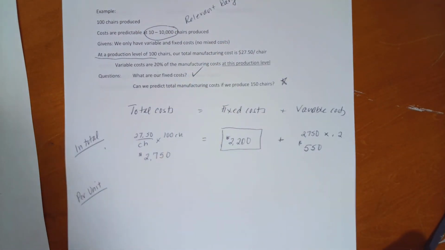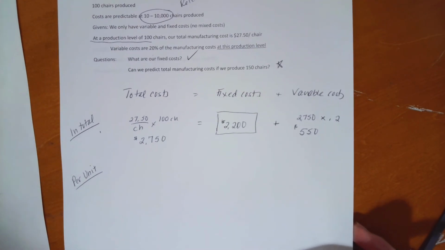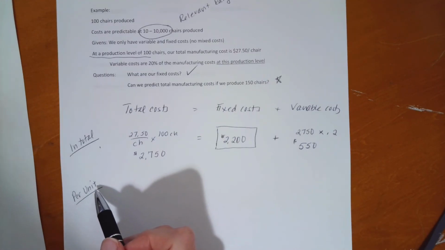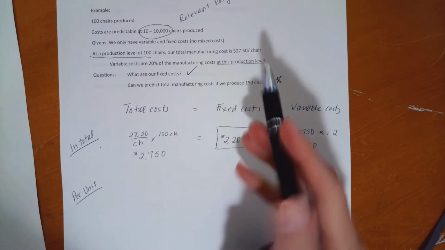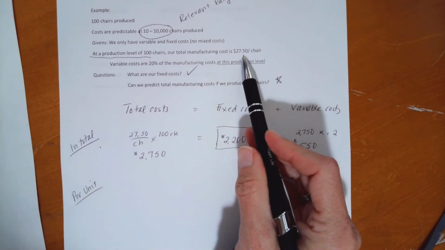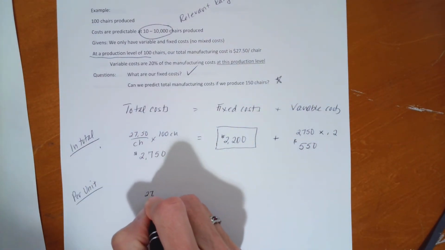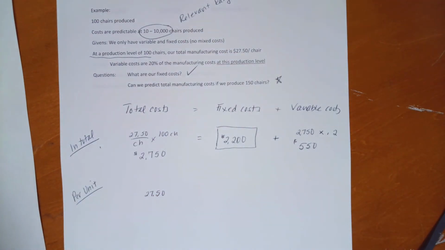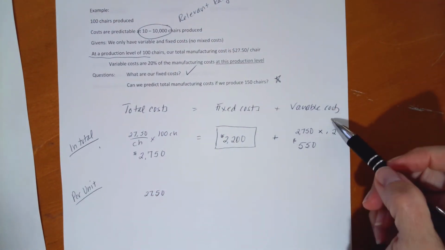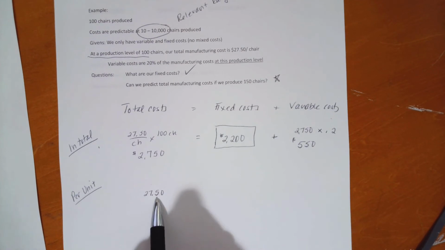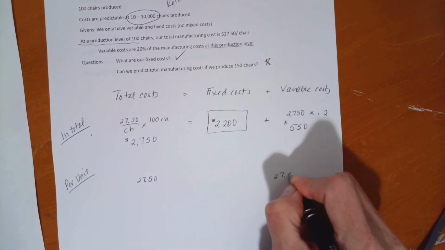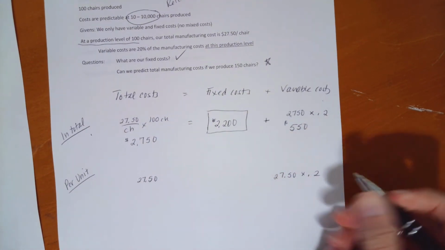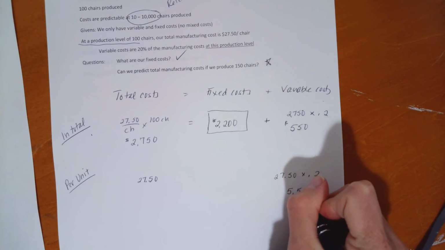Okay? So that's this, taken care of. We can also do it by per unit. So let's look at it per unit. So our per unit total cost, they told us up here, is $27.50. Okay. They told us our variable cost is 20% of this number, right? So we can take the $27.50, multiply it by 0.2, and you get $550.